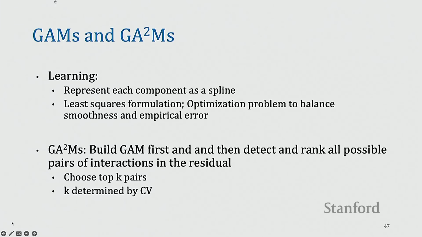And then just pick those top k pairs and try to again repeat this learning procedure, where you're representing the pairwise interaction term as a spline, and you're using a least squares formulation to fit it. Okay?